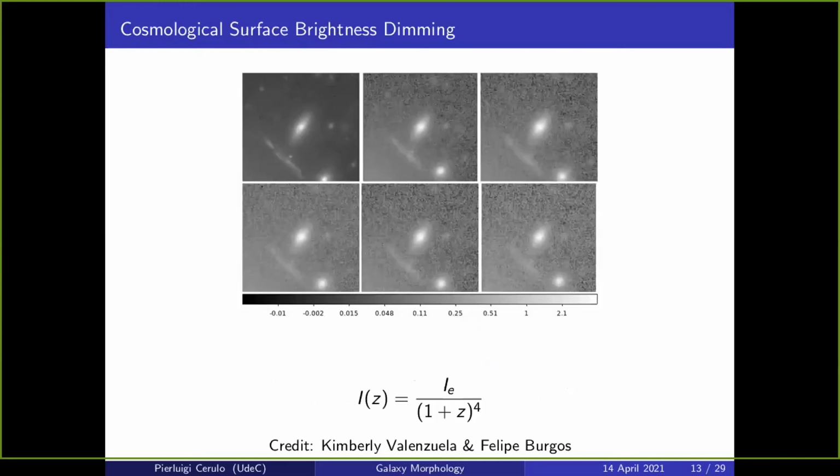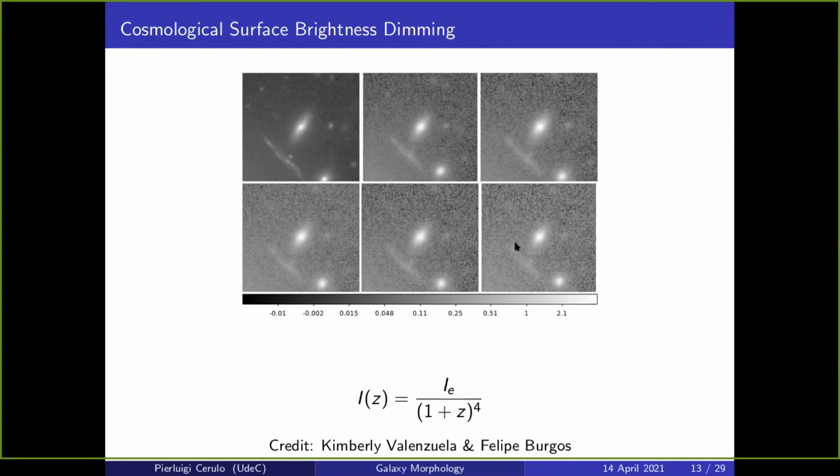The second thing that one has to consider, which is more severe than the effect of the passband, is the surface brightness dimming. And this is what we are currently doing. We're taking galaxies in the low redshift subsample in CLASH, and simulating them as if we were observing them at higher redshifts.